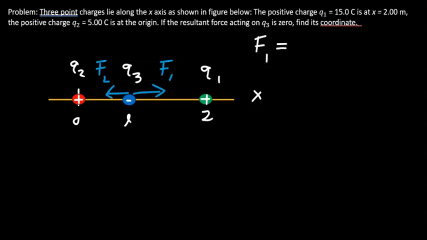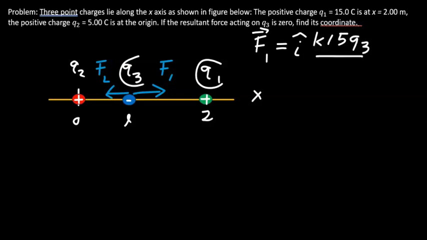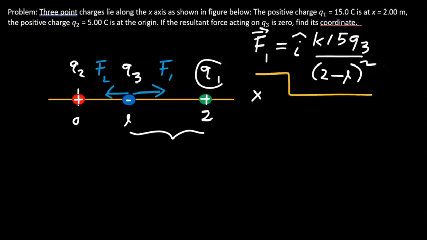F1 is going to the right, so it is represented by unit vector i hat. The expression is given by K, which is the constant that we introduced earlier, times the product of the two charges, namely Q1 and Q3. Q1 is 15 Coulomb. Q3 we don't know, so just write it as Q3, over the separation distance, which is 2 minus L, and square that. So this is Coulomb's law for the Q1 and Q3 pair.